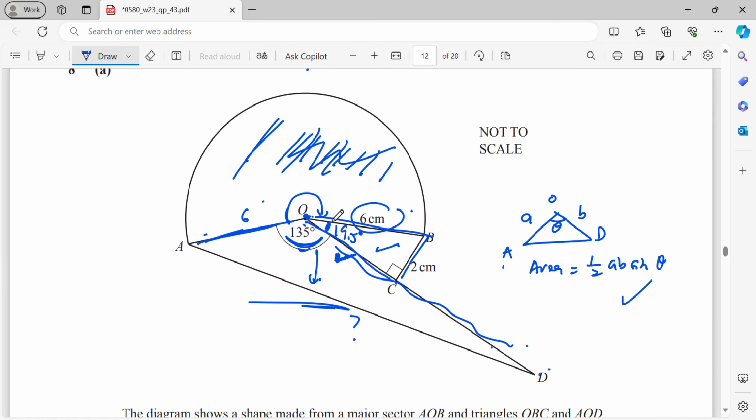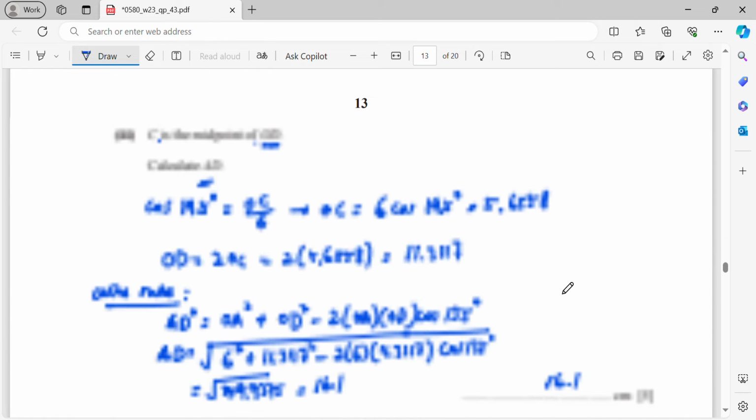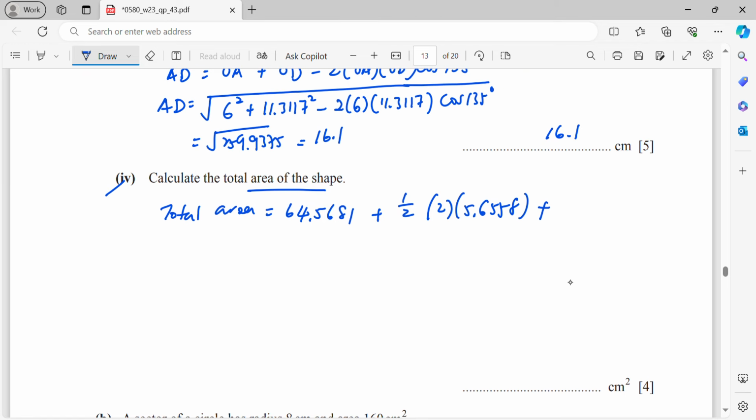And then plus the other triangle, using this formula. It will be half of 6, then OD, sine 135 degrees. So here it is going to be half of 6, then 11.3117 sine 135 degrees.